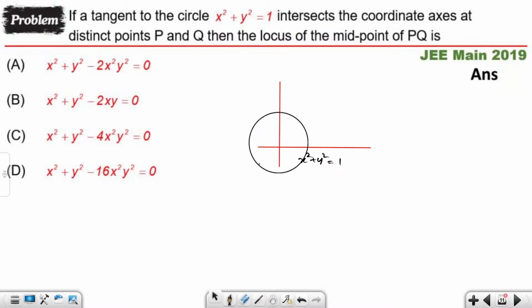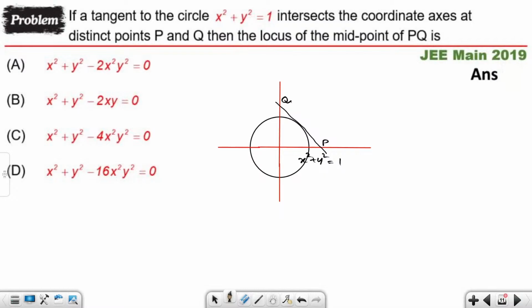So this is the tangent. And if we draw a tangent over here, it is intersecting the coordinate axes at two distinct points P and Q. Is it clear?